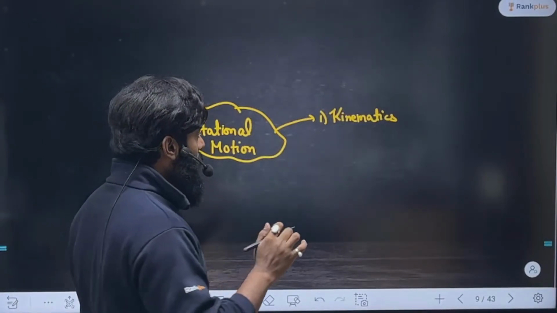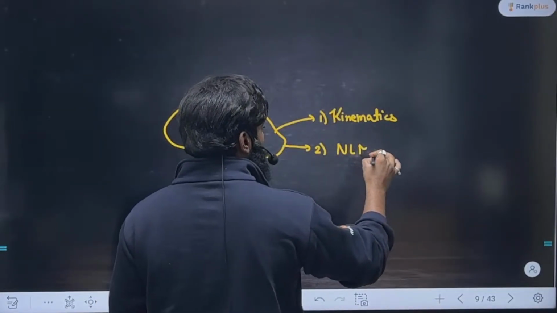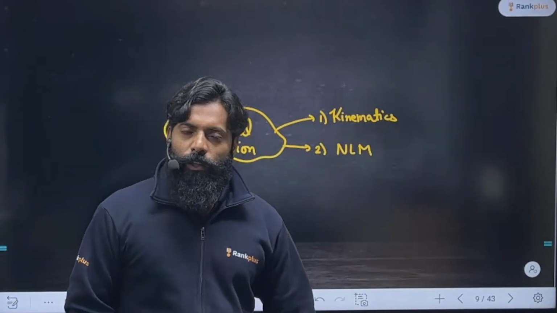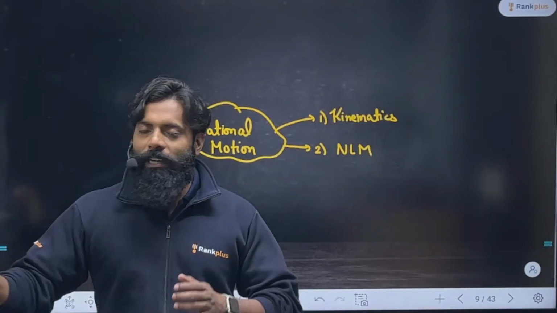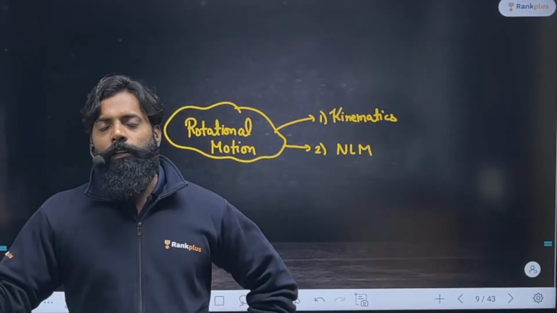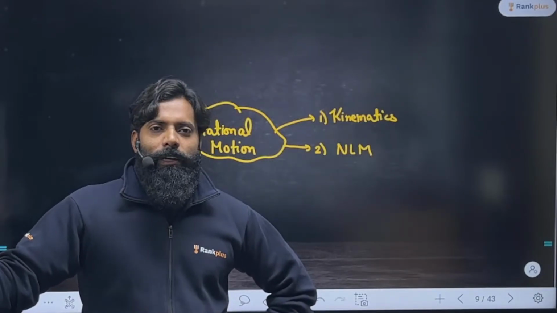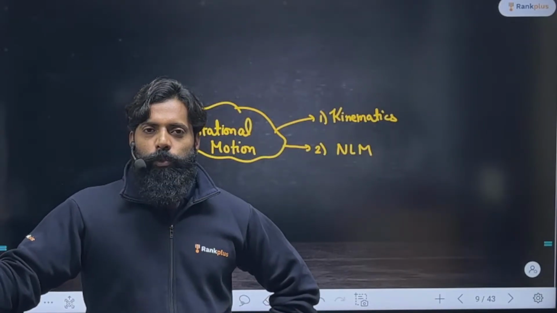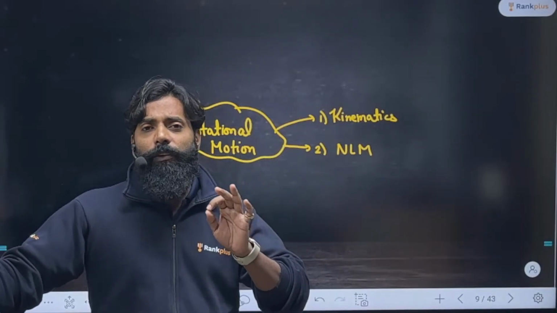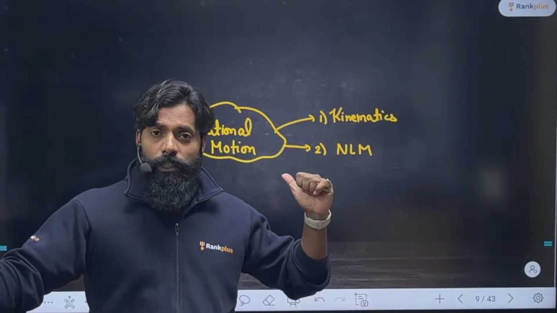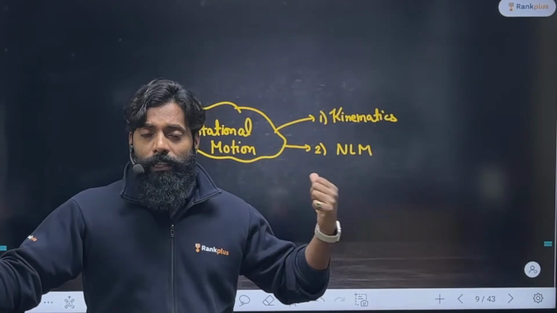The second thing is Newton's laws of motion, NLM. Same here. There is an analogue to force in rotational motion, we have the torque. For the momentum, we have the angular momentum. So there are similar types of terms out there. There are very subtle differences between the terms which we have studied in Newton's laws of motion and which we are going to learn in rotational motion.